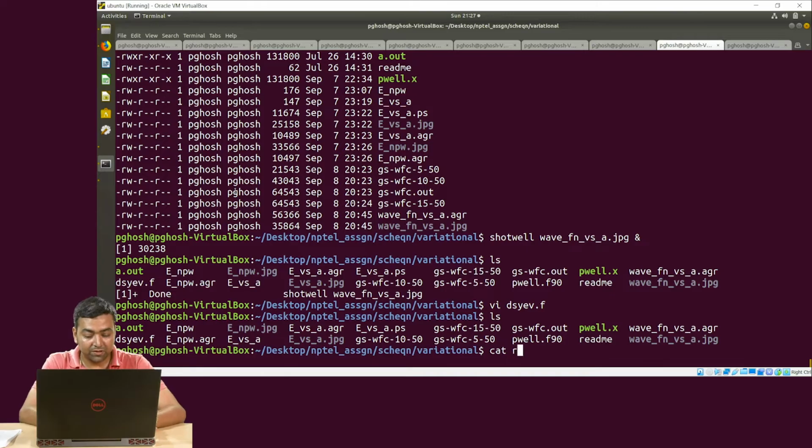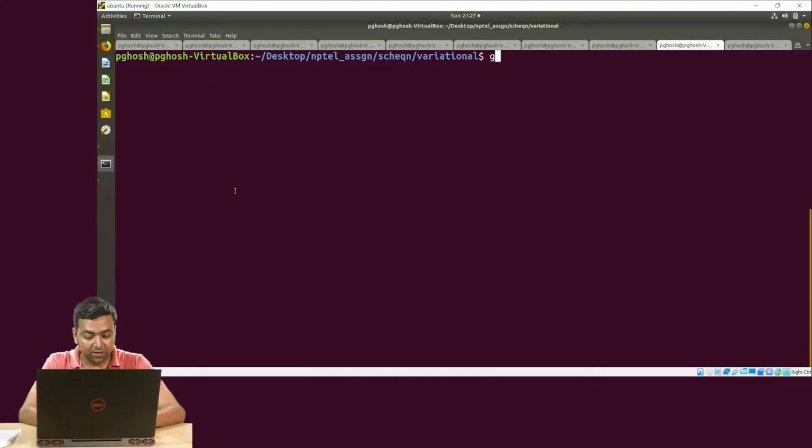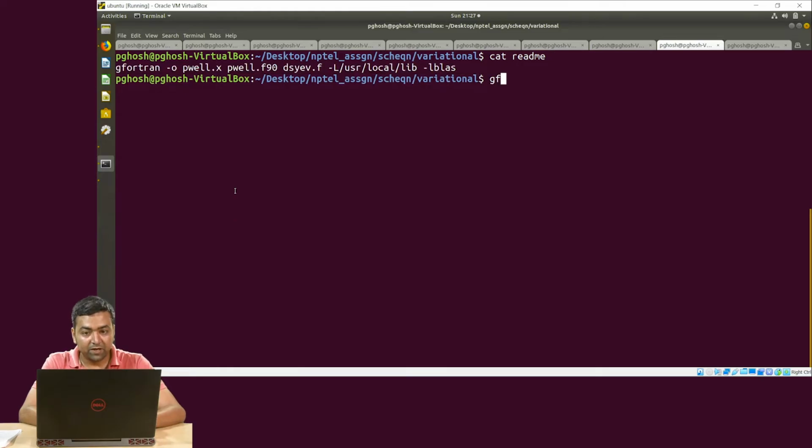The way the compilation is done is in the following way. Again, I am using gfortran as my compiler. So, let me just clear the screen. I write gfortran -o.